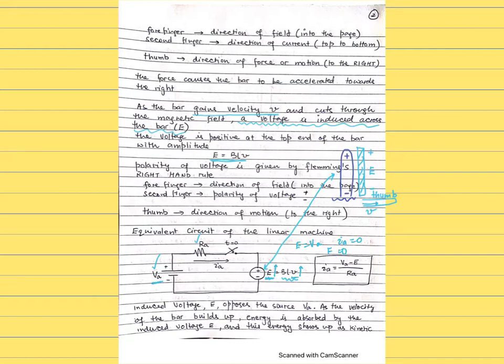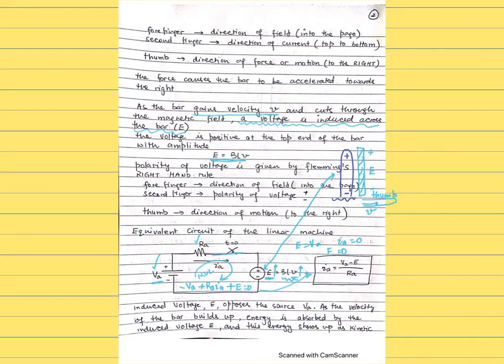So in this circuit, if you close the switch, you apply KVL, and that gives you negative VA plus RA IA plus E equals 0. This equation can be simplified into IA equals VA minus E over RA. As soon as E goes up to the value of VA, they are both equal, the current goes to 0, and there's no further force buildup.